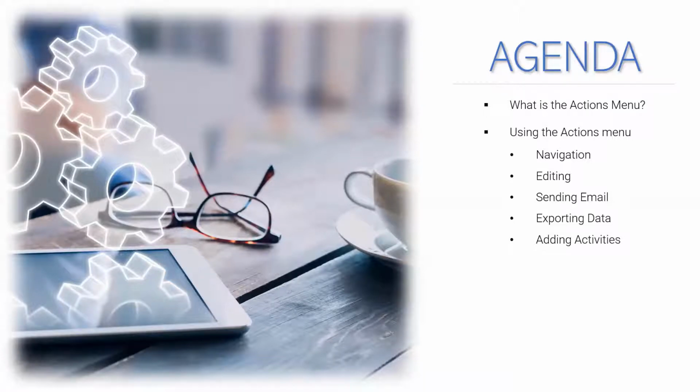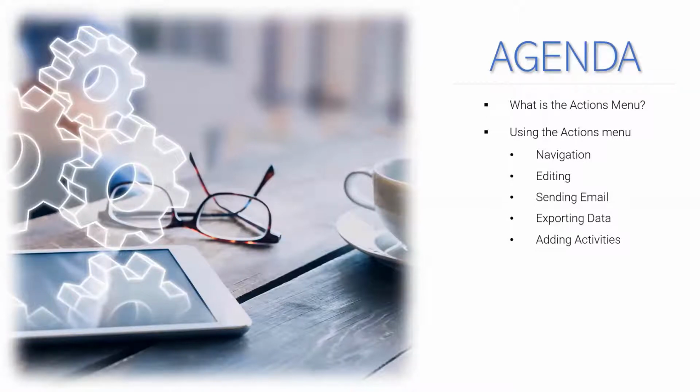And then the other one, adding different activities or a group of activities at the same time in the form of a single activity for a group of selected contacts, or in the form of an action plan that you create and apply to new customers or new leads or something, that drops in multiple activities that are scheduled out according to how you set up the action plan. And then we have a few other things that we can cover as well.